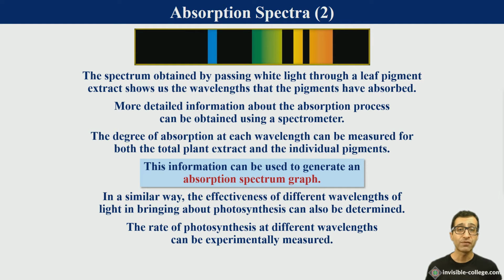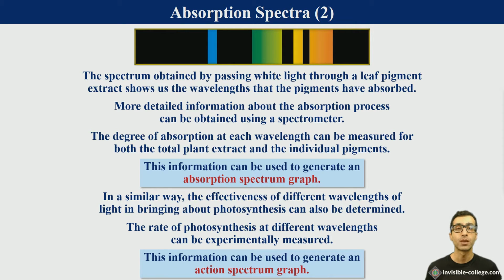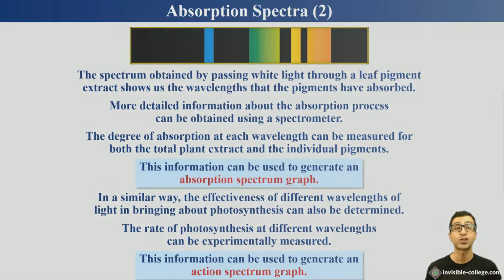When we experimentally measure the rate of photosynthesis at different wavelengths and represent it as a graph, we refer to that as an action spectrum graph. So let's have a look at the relationship between absorption and action spectra.